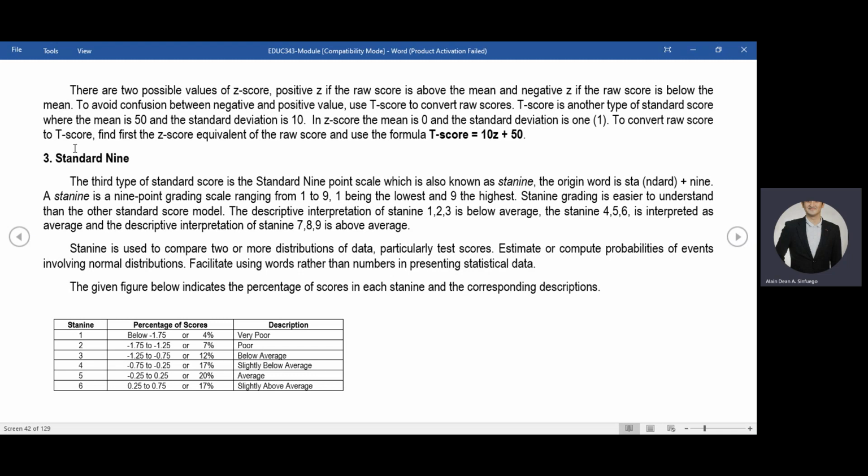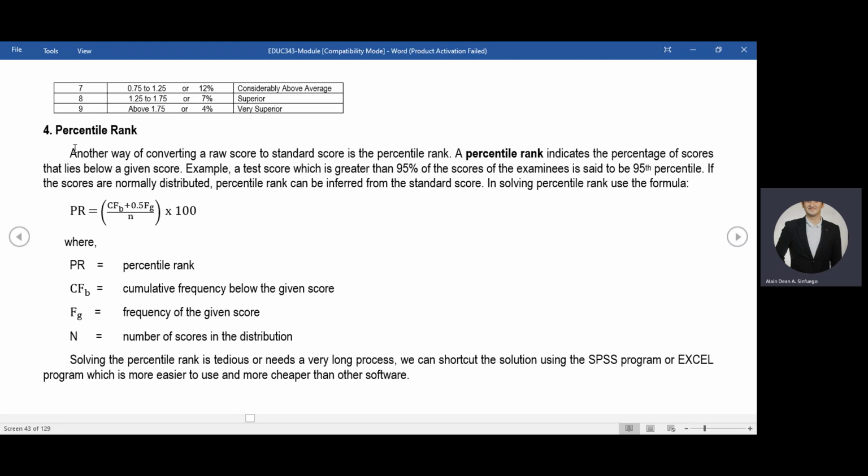For stanine 2, the description is poor. Stanine 3, below average, slightly below average. Average, slightly above average. And then for stanine 7, considerably above average. Stanine 8, superior. And of course, stanine 9, the description for that one is very superior.